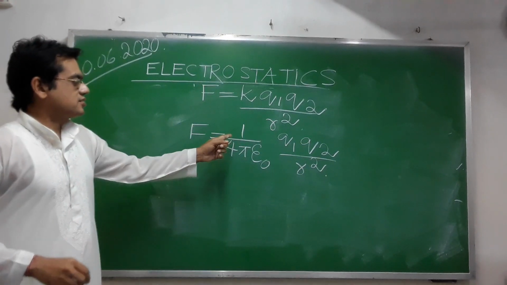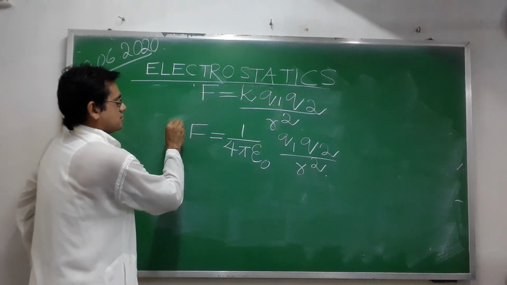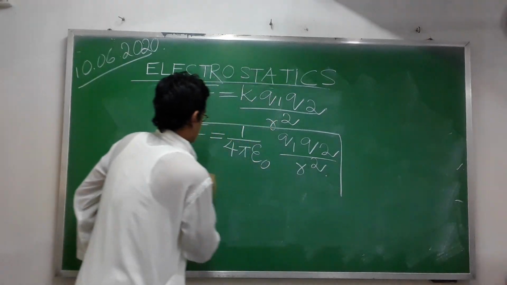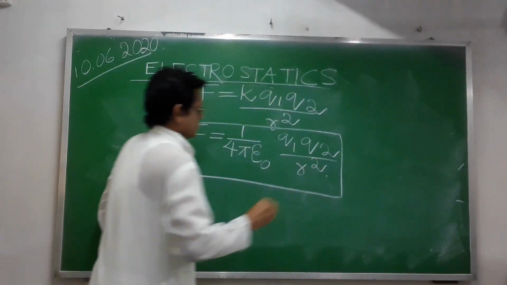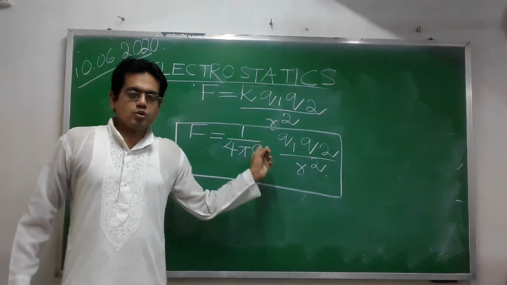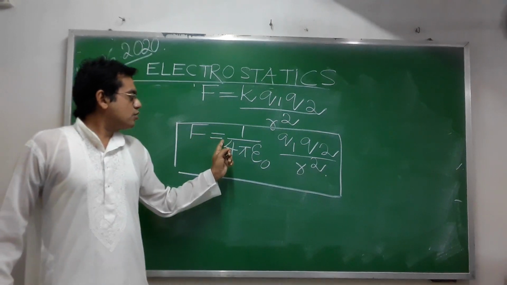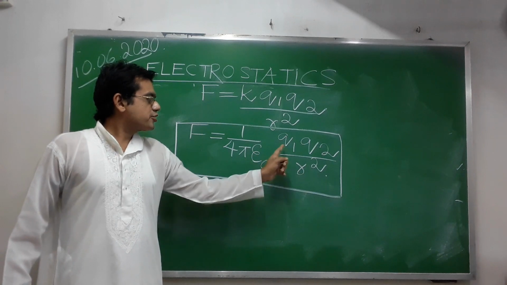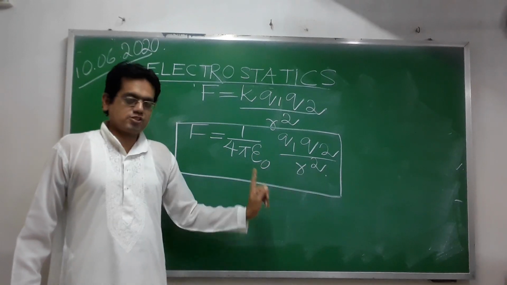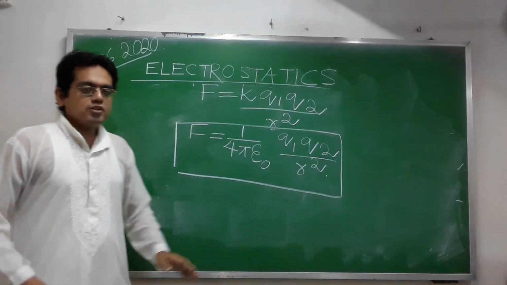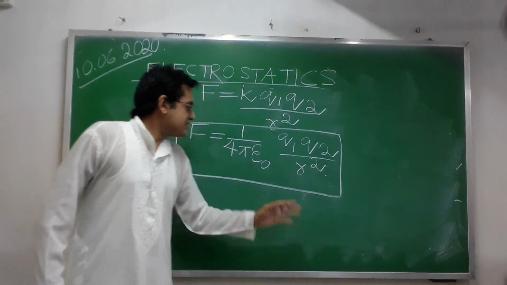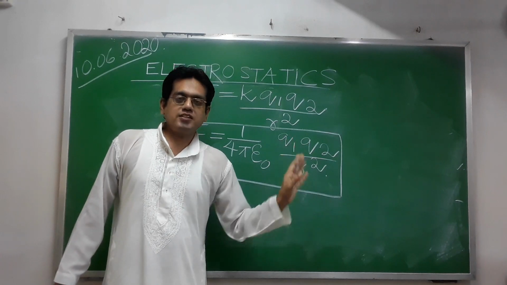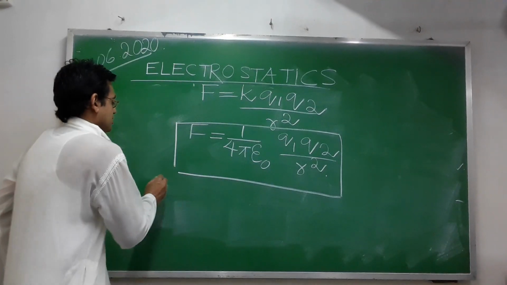Please take a look at this. Now you will ask me, what is the value of 1 by 4 pi epsilon naught?